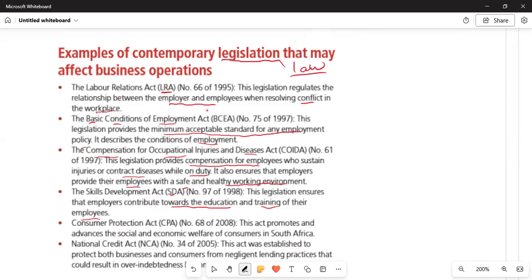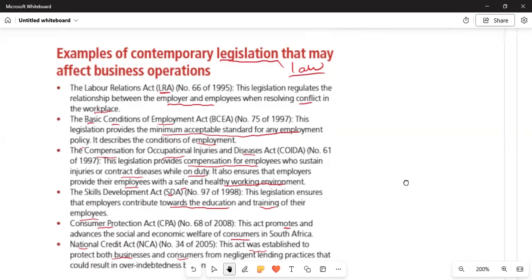Also, we have the CPA, Consumer Protection Act, which promotes and advances the social and economic welfare of consumers in South Africa. We also have the NCA, National Credit Act. This act was established to protect both business and consumers from negligent lending practices that could result in over-indebtedness.